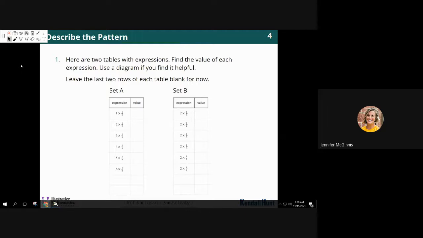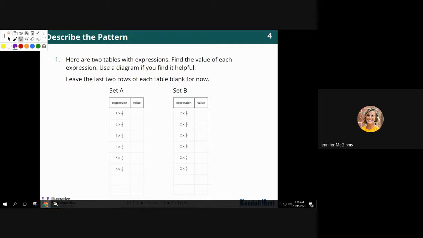Class? Yes. Let's see what we came up with. I'm walking around the room and it looks like a lot of people have a lot of stuff written down. So let's see what we got here. If we have one group of 1/8, how many eighths do we have? Kyrie?